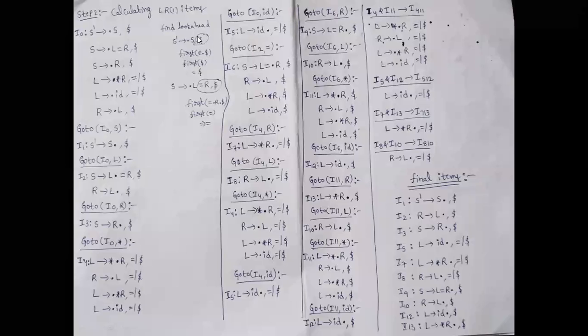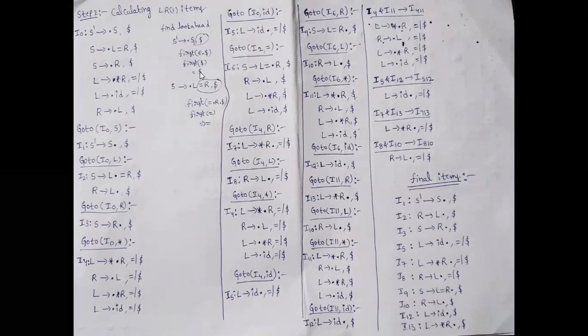Then find the first of epsilon dollar, that becomes dollar. Dollar is a terminal, and the first of a terminal is always the terminal. So we have the dollar. We add the look ahead for these two productions because after the dot capital S we are adding these two productions.